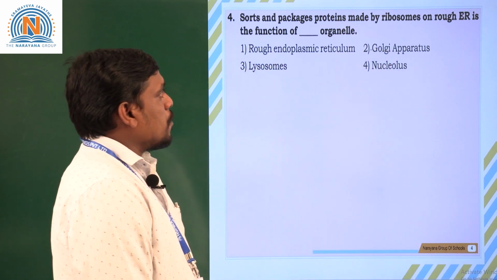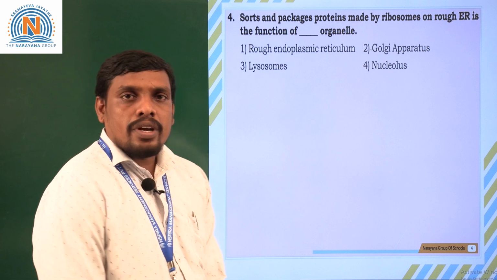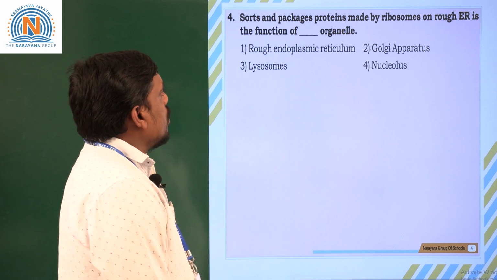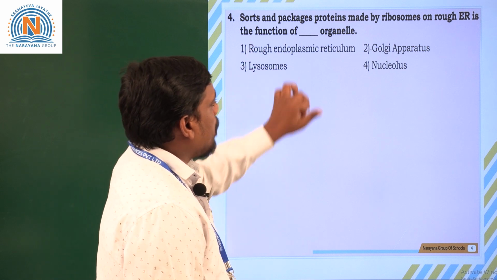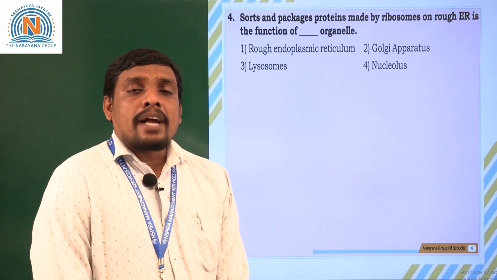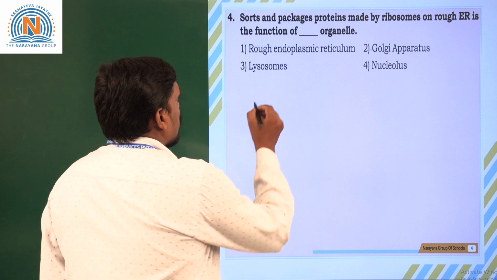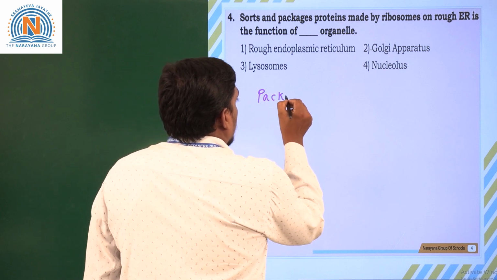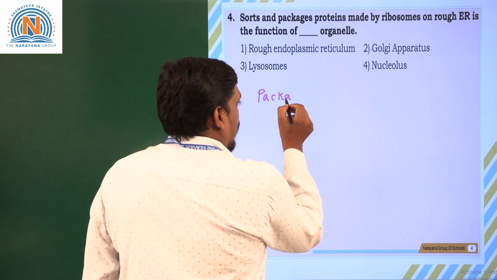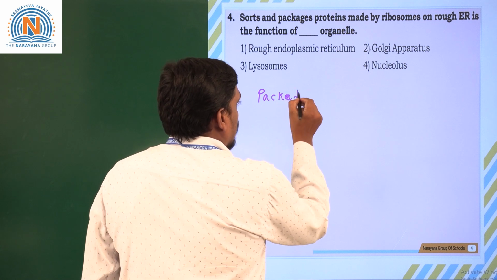Sorts and packages proteins made by ribosomes on rough endoplasmic reticulum are the functions of dash organelle. What do you mean by sorts and packages? Sorts is nothing but substances that are packed or packaged.